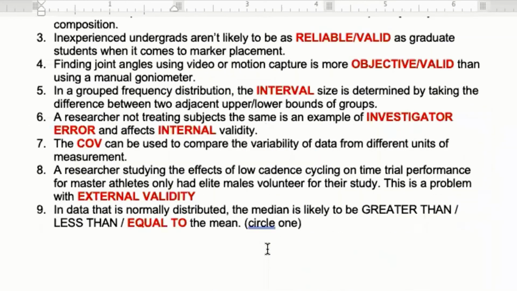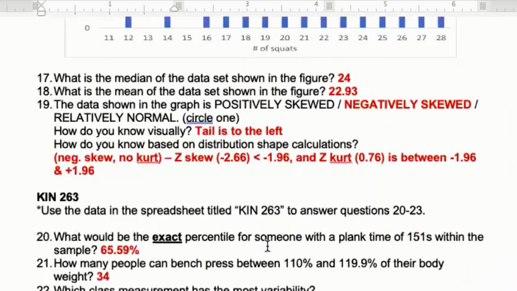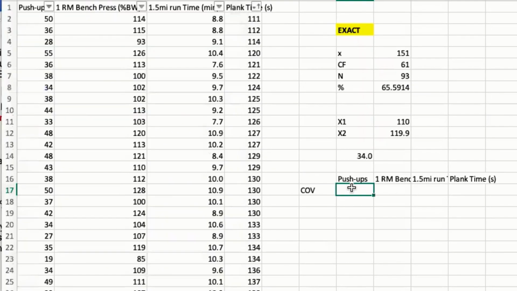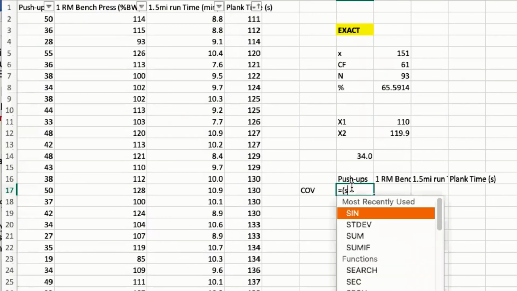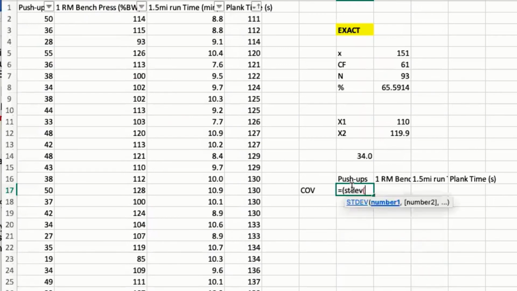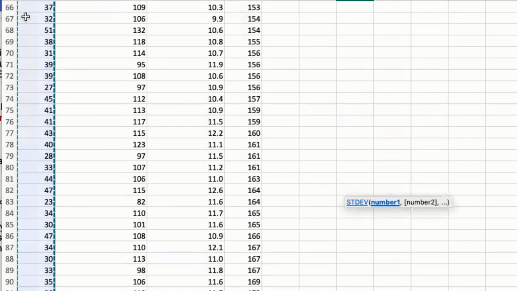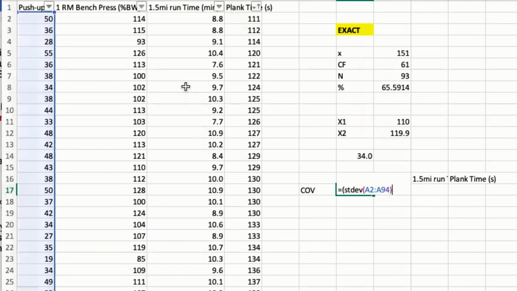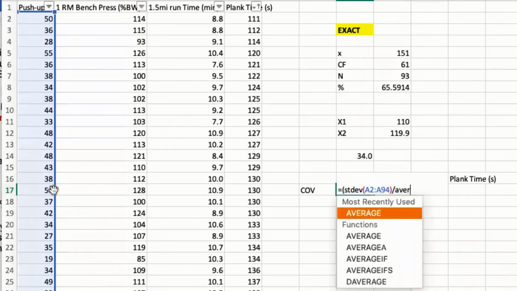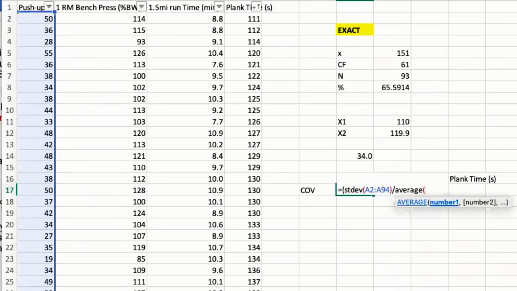We can calculate this pretty quickly. We just say equals STDEV, and I'm in my push-ups, so I'll start there. I select the range of my push-up data, divided by the mean or average of my push-up data.